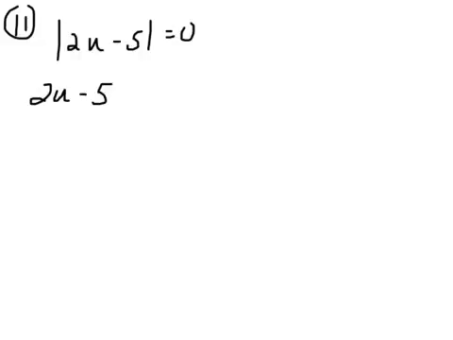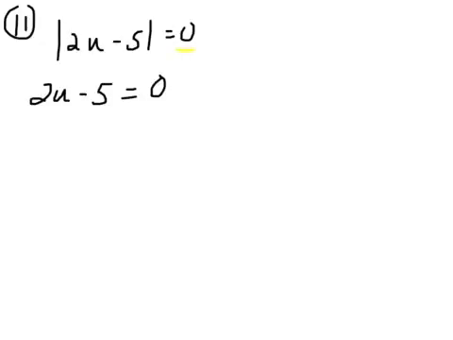All right, for number 11, we have the absolute value of 2u minus 5 is equal to 0. If you remember when we had equal signs, we would put the part that's in the absolute value sign, 2u minus 5, equal to whatever the number was out here. But then we would also have to set it equal to the negative of the number sitting right here. Well, the problem is there isn't a positive or negative 0.